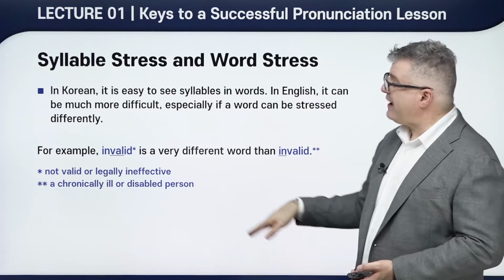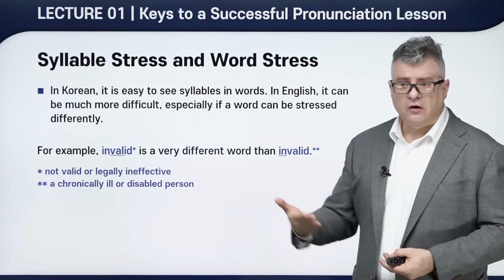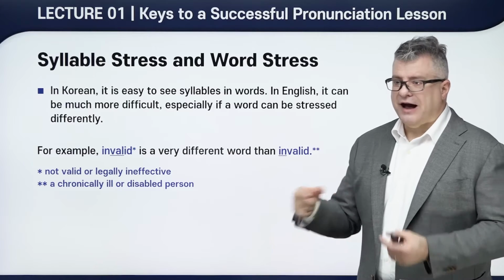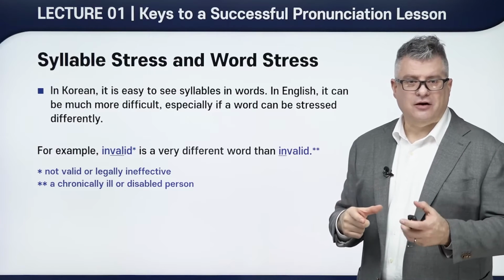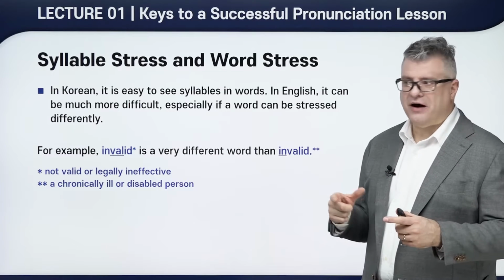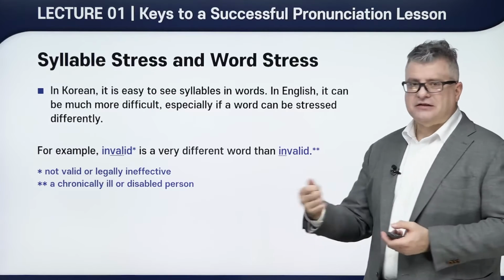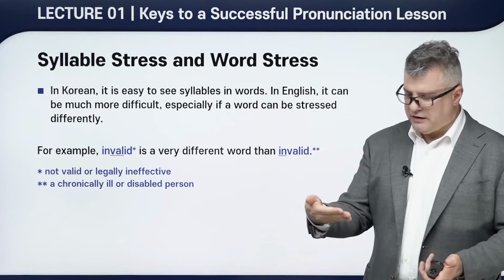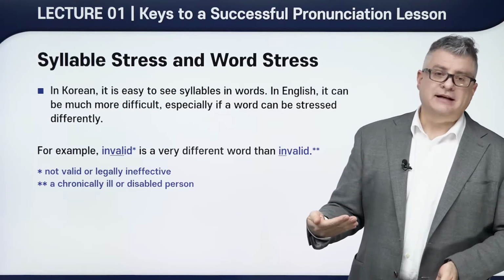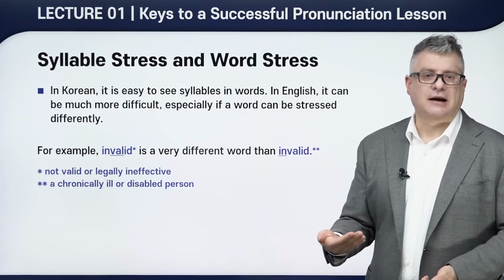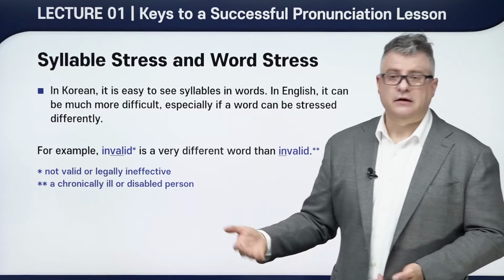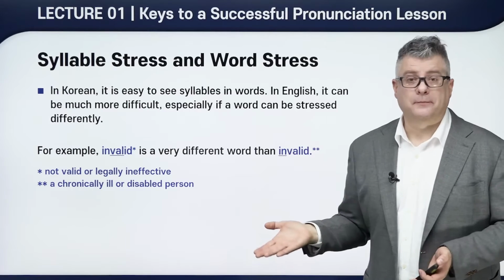So if something is invalid, it means it's not valid. So for example, you have a coupon for something, and you bring it to the store and you're buying it, and the cashier looks at it and says, oh, this coupon is invalid. It expired last month. It's invalid. It doesn't work anymore, okay?